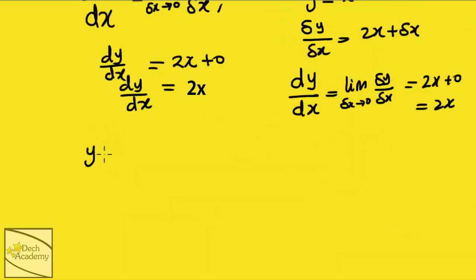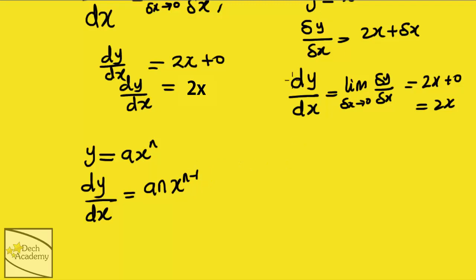I told you for a function in the form y equals ax to the n, dy/dx, the first derivative, is equal to anx to the n minus 1. So our function in this case is y equals x squared, the same thing as y equals 1 times x squared. So a is 1, n is 2.